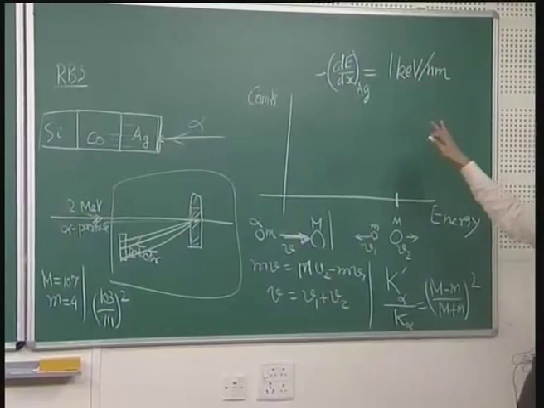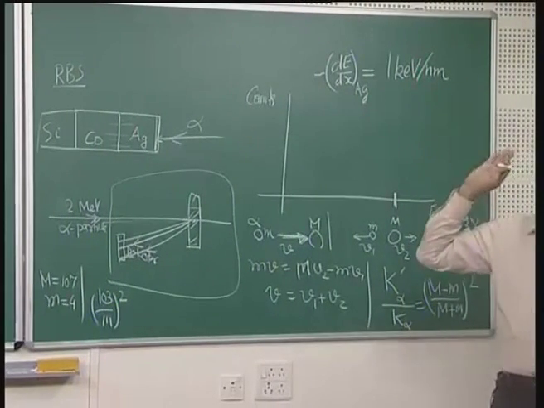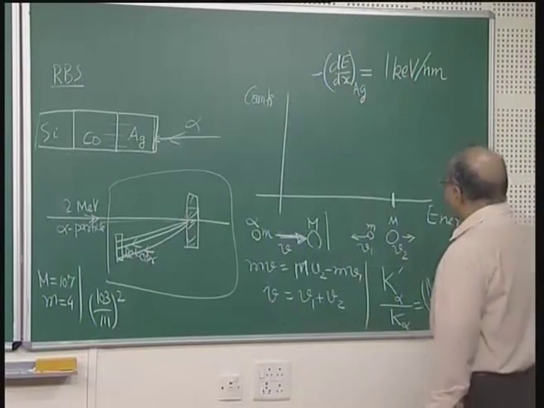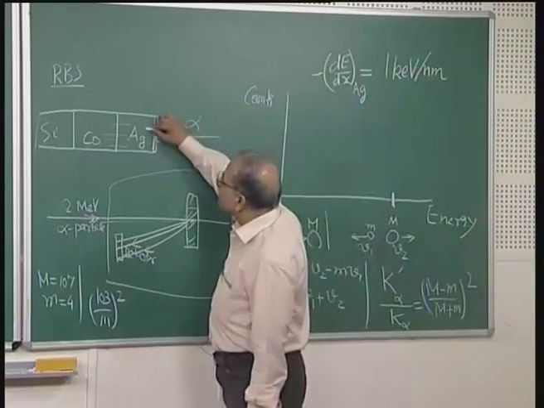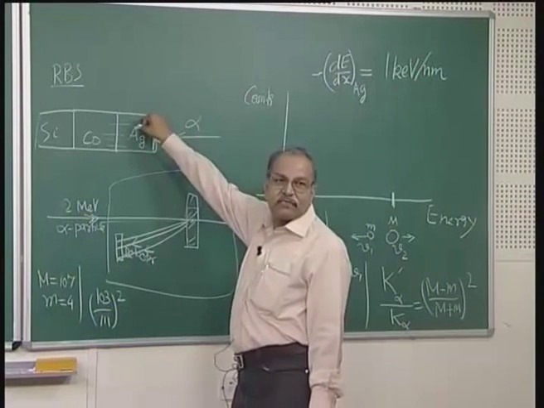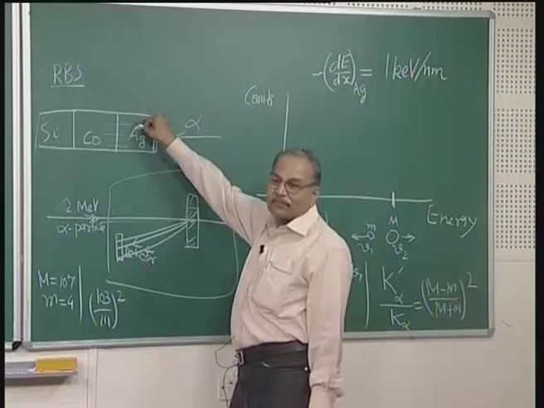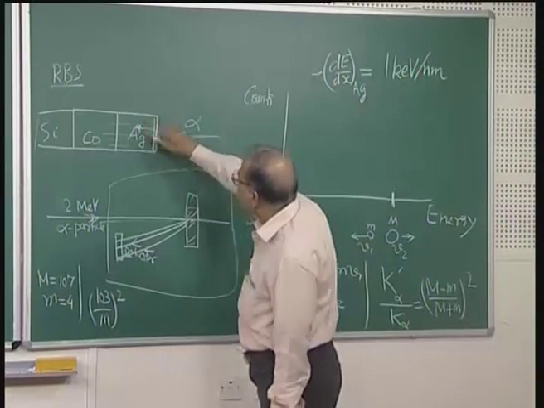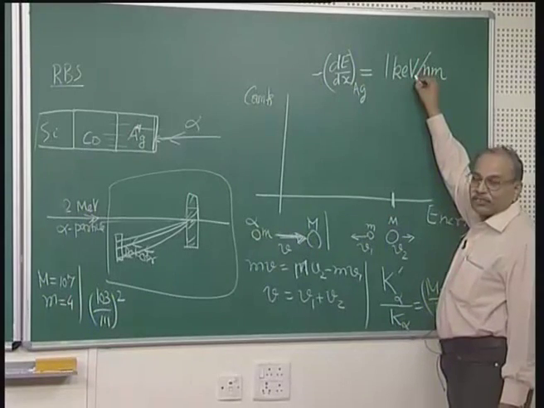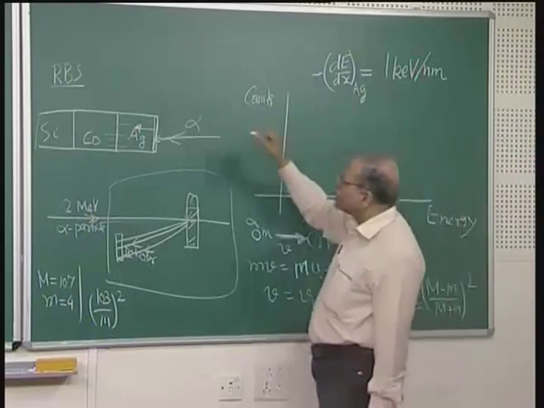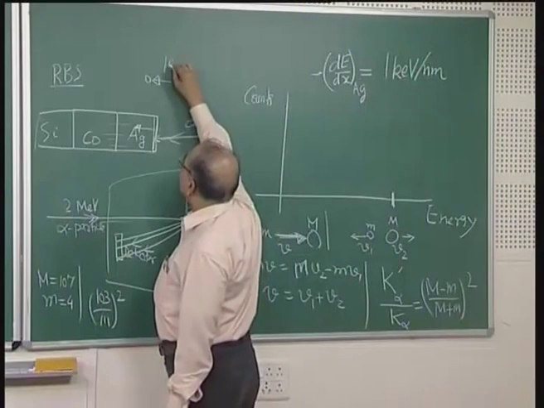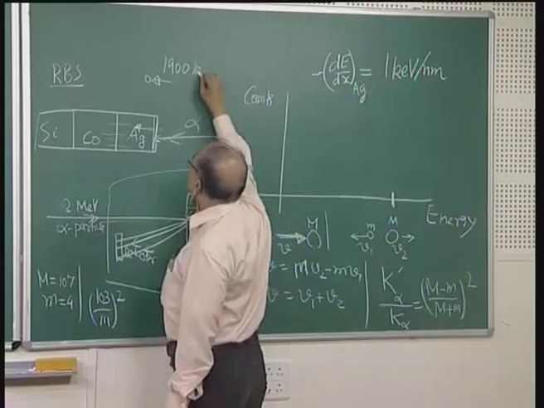So, all this dE/dx stopping power, these are all well tabulated for different elements. Then if it goes, say, 100 nanometers inside and then encounters a nuclear interaction, it has lost 100 keV. So when it makes this encounter with the silver, the incident energy is 1900 keV.